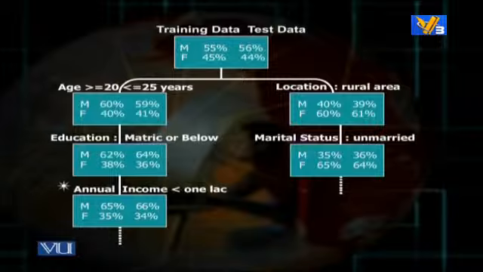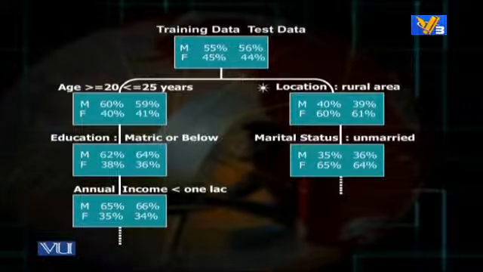The ID3 algorithm may find other predictors, other variables also, that can improve the percentage of predicting males or females. On the right side, you can see that there can be a possibility that location is figured out as a variable to predict females.